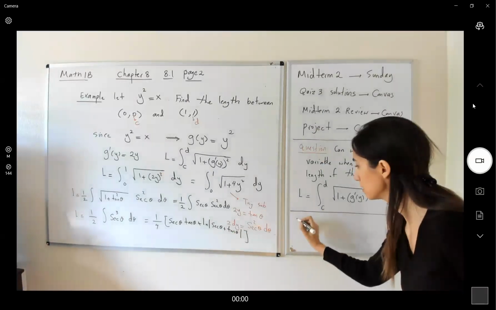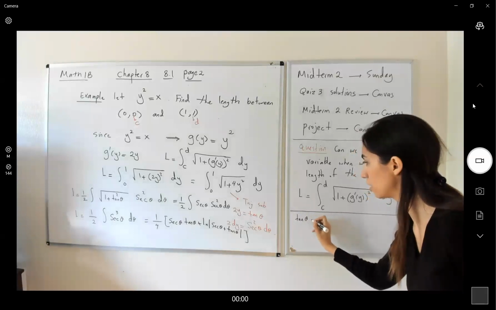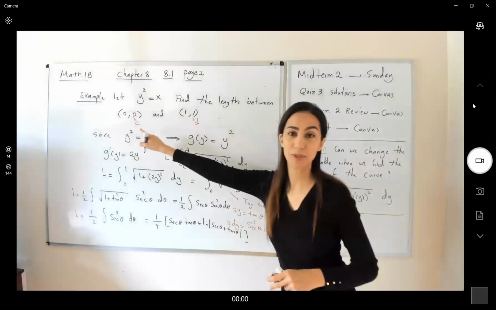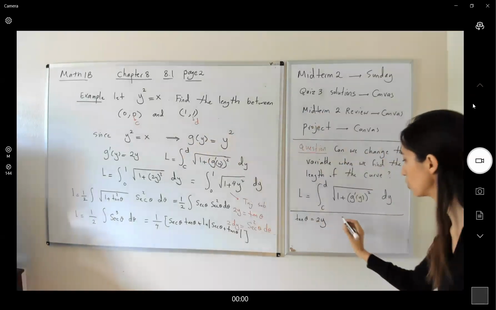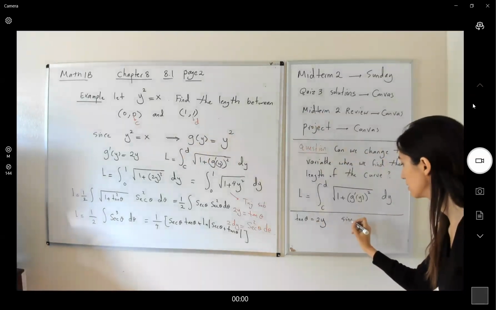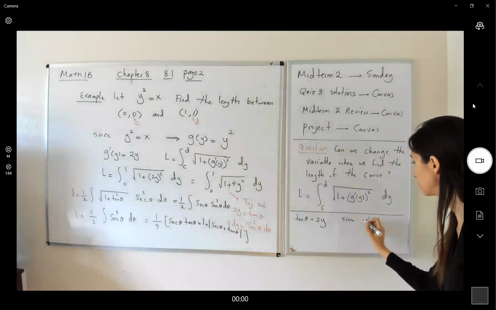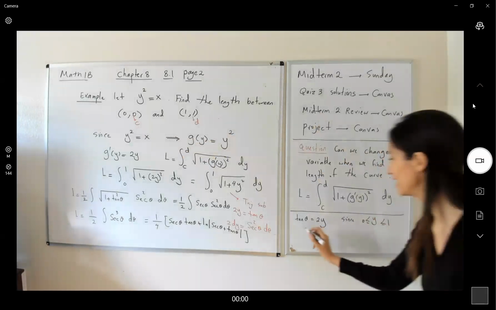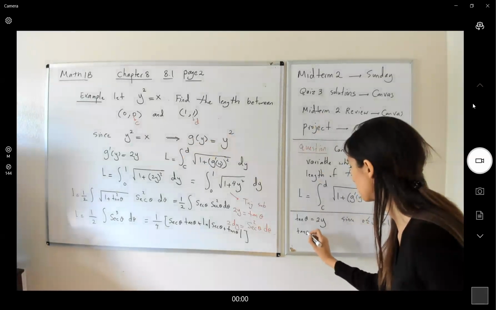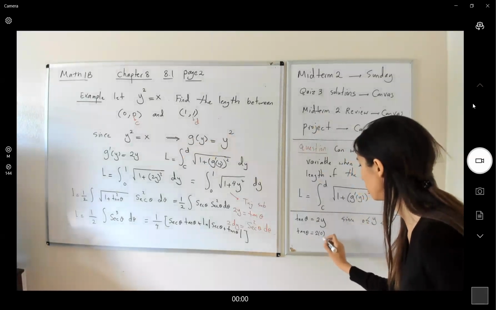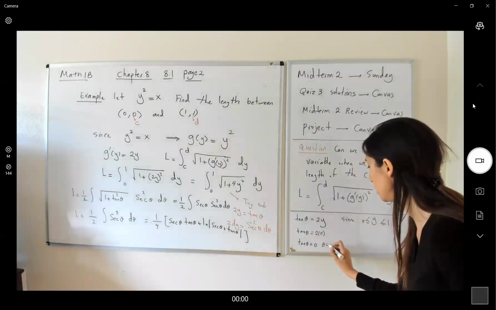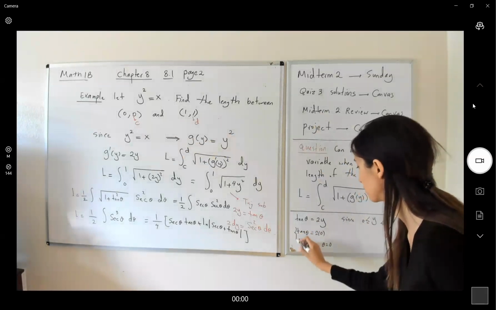We say that tangent theta is equal to 2y. Our y ranges between 0 and 1. So if you plug in 0 for y, tangent theta is equal to 2 times 0, so tangent theta is equal to 0 and theta is equal to 0.